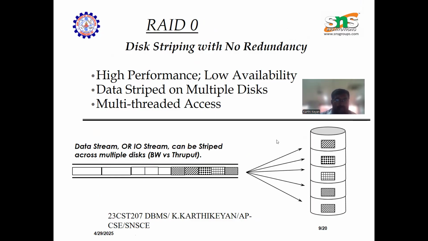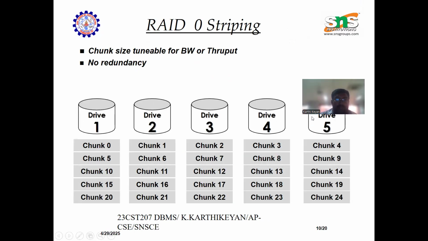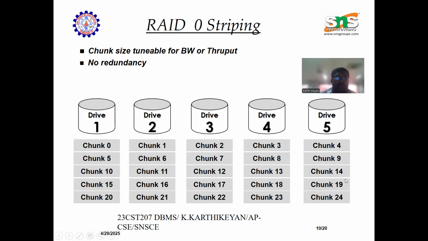In RAID 0 striping, the chunk size is tunable for bandwidth or throughput, with no redundant data across disk 1, disk 2, disk 3, disk 4, and disk 5.